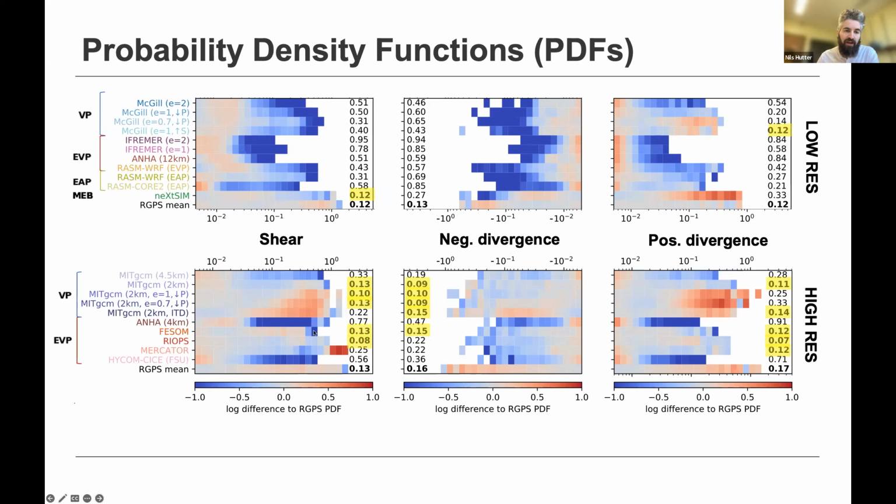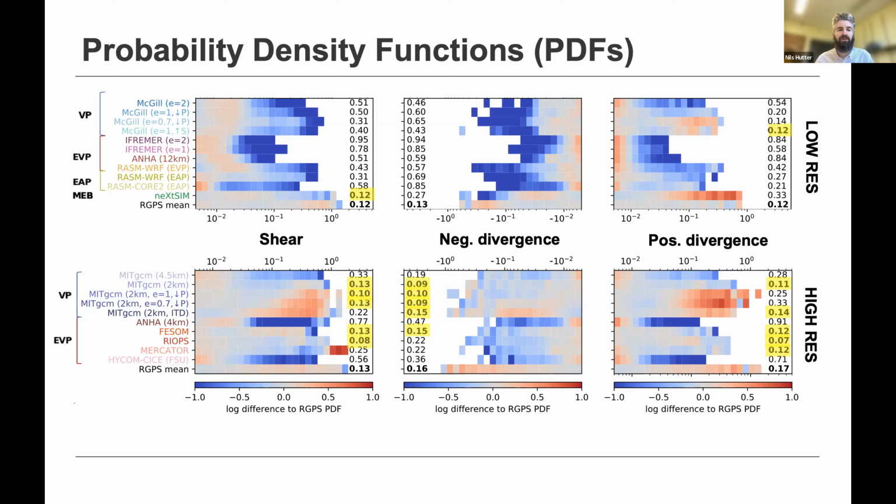Whereas more of the high resolution models are in closer agreement with the RGPS, and marked in yellow, according to this cost metric or skill metric that we came up with, are all the models that are able to represent the PDF within the interannual variability of the RGPS.